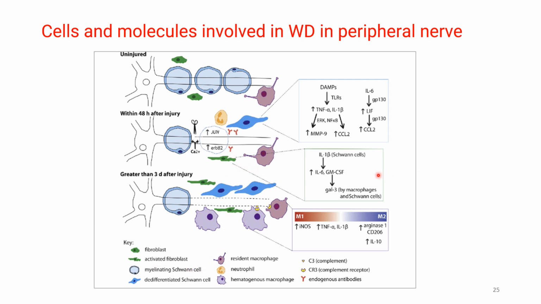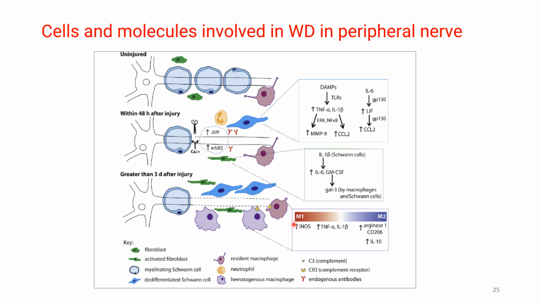Here are the activated fibroblasts. They will release interleukin 6 and GM-CSF factors. These are activated by interleukin 1 beta, which is produced from Schwann cells, and they will release galectin-3, which will attract the macrophages. Then after 3 days of injury, what is happening?